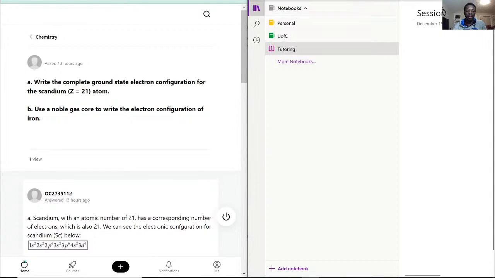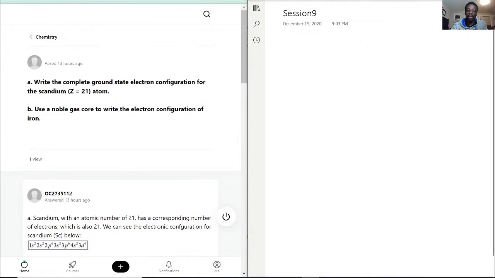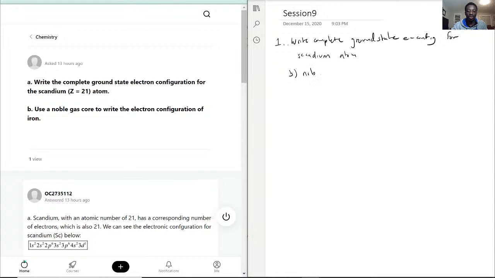Write the complete ground state electron configuration for scandium atom. And then B, it's asking us for noble gas shorthand notation. All right, so how do we approach this question?